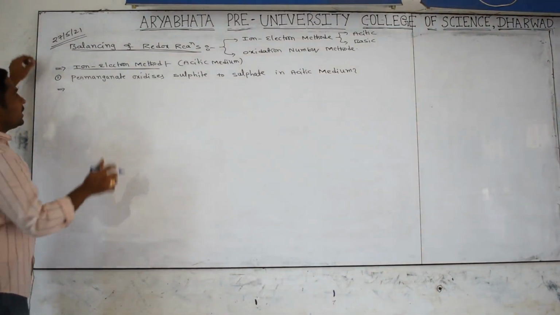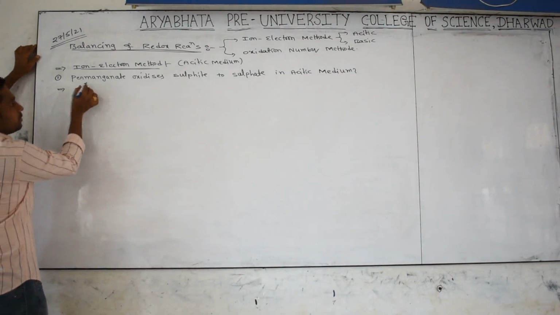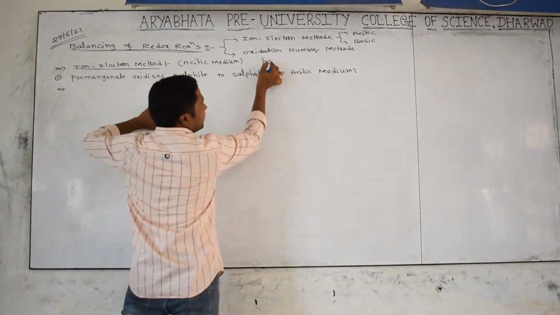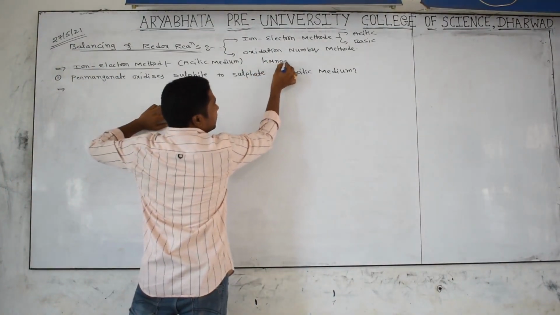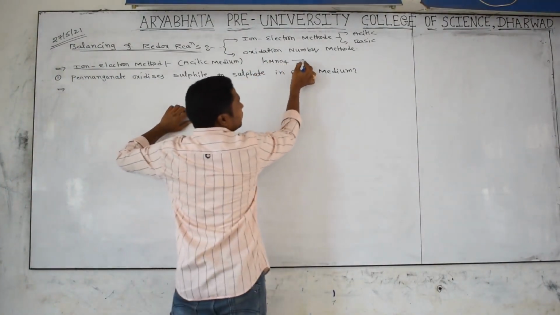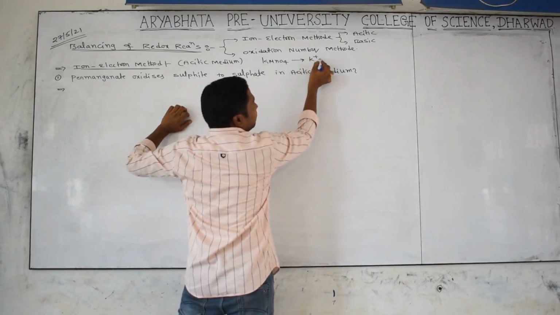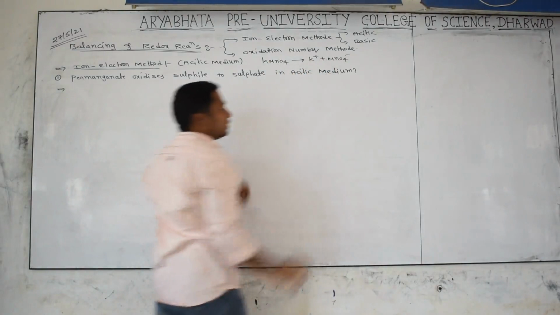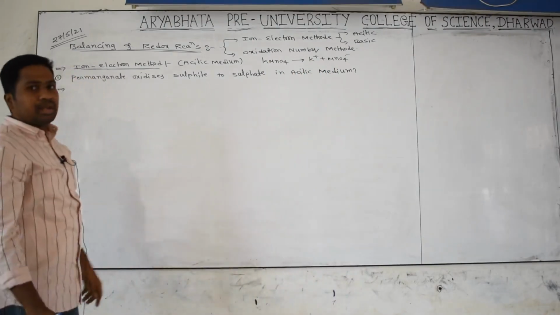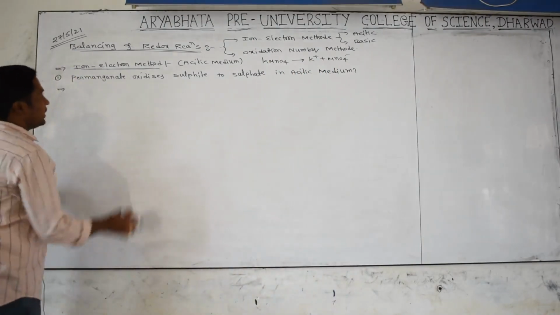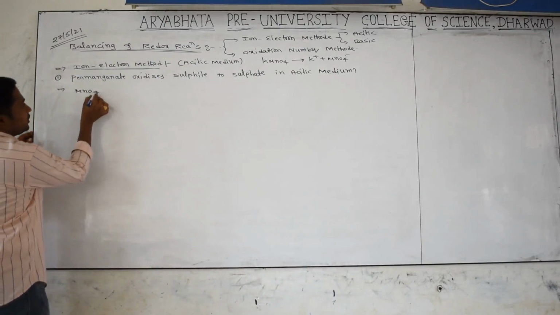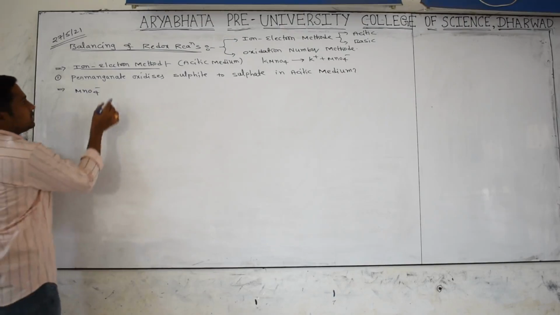Permanganate comes from potassium permanganate, KMnO4. It breaks down into K plus and MnO4 minus. MnO4 minus is called the permanganate ion. So MnO4 minus oxidizes sulfite.